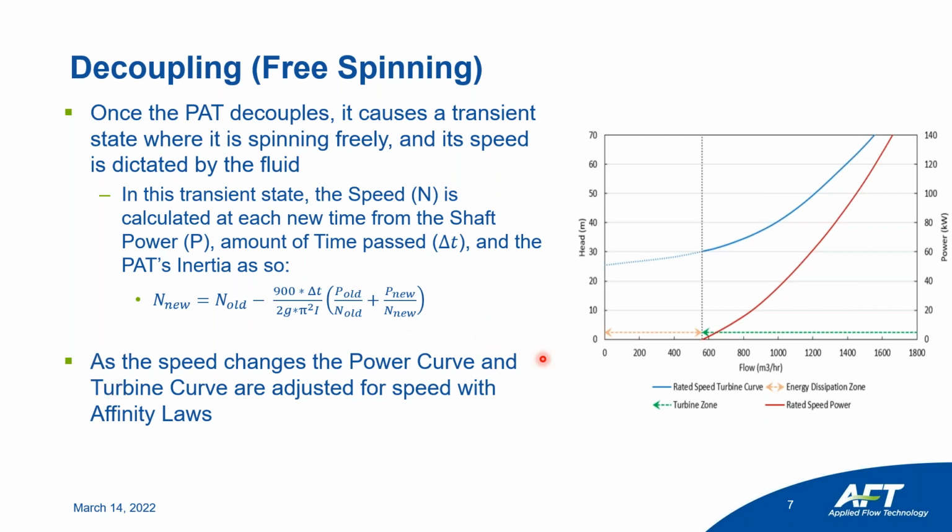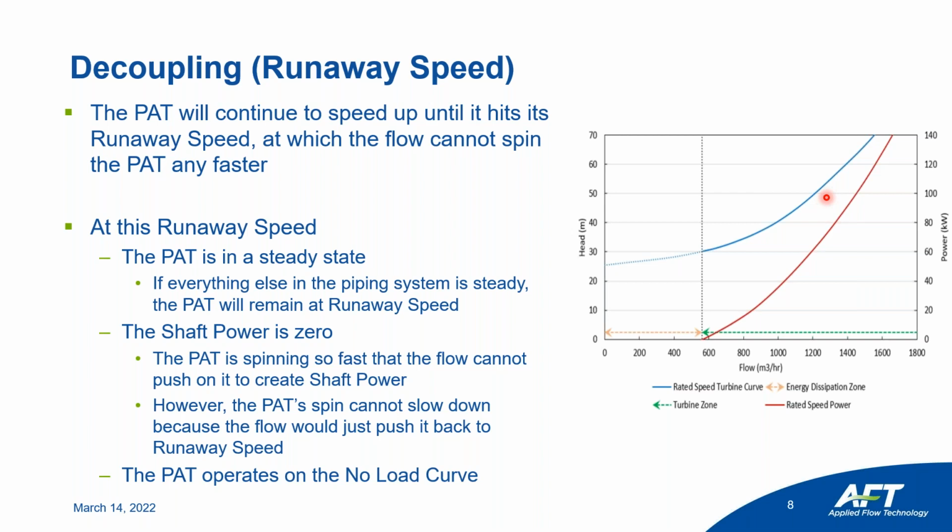And as I mentioned, as the speed changes, the power curve and the turbine curve are adjusted with affinity laws, and then you just use the flow at that point to get the power on that adjusted power curve, and the head loss through the PAT on that adjusted turbine curve, which once again Impulse does for you.